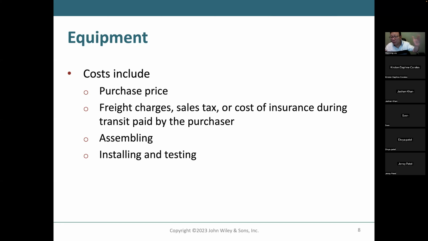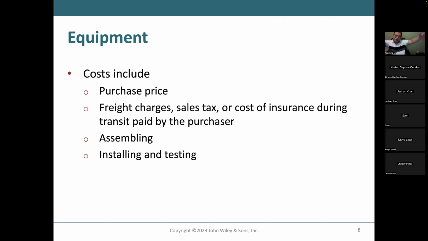I know it's a low probability, but what if the truck was in a car accident and the piano was seriously damaged and cannot be used? So often they will buy insurance just to cover any risks like this. So the cost of insurance will also be part of the equipment cost.